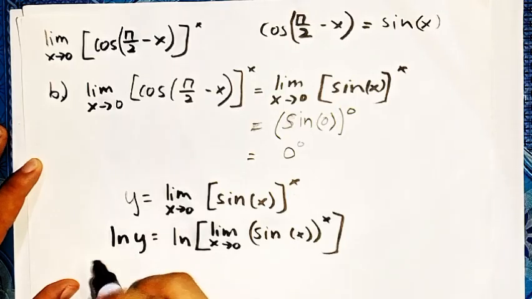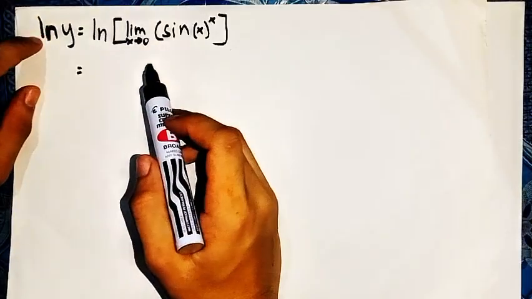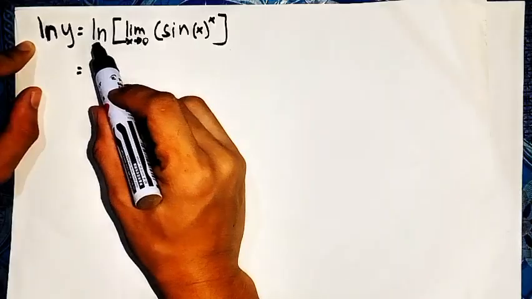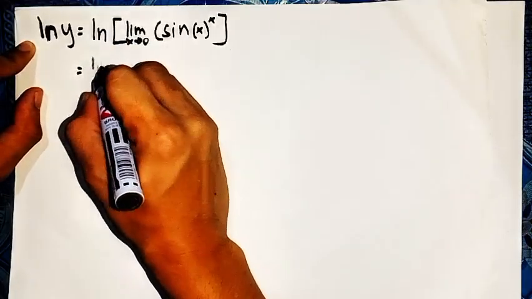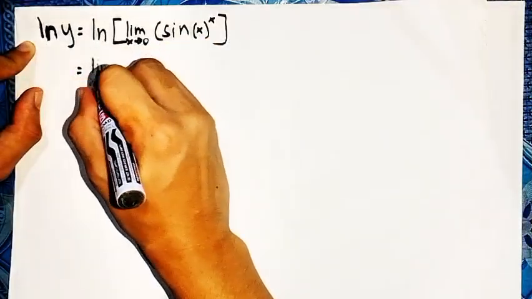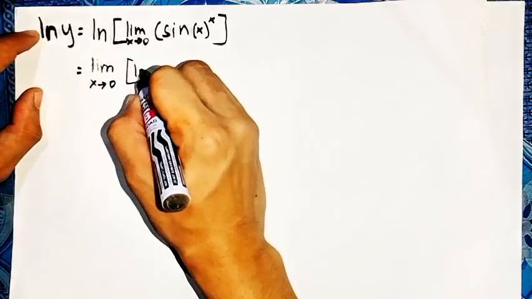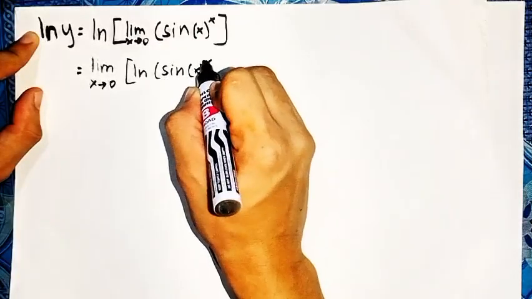Now let's use this function to evaluate the limit. I copied the new expression, so let's evaluate this one. Let's put the limit outside. So the limit as x approaches 0 of ln of sine x to the power of x.